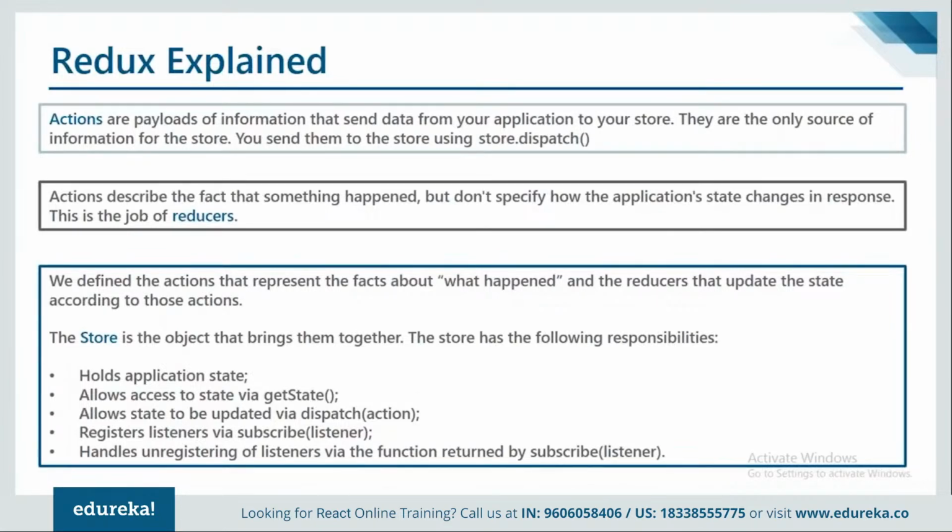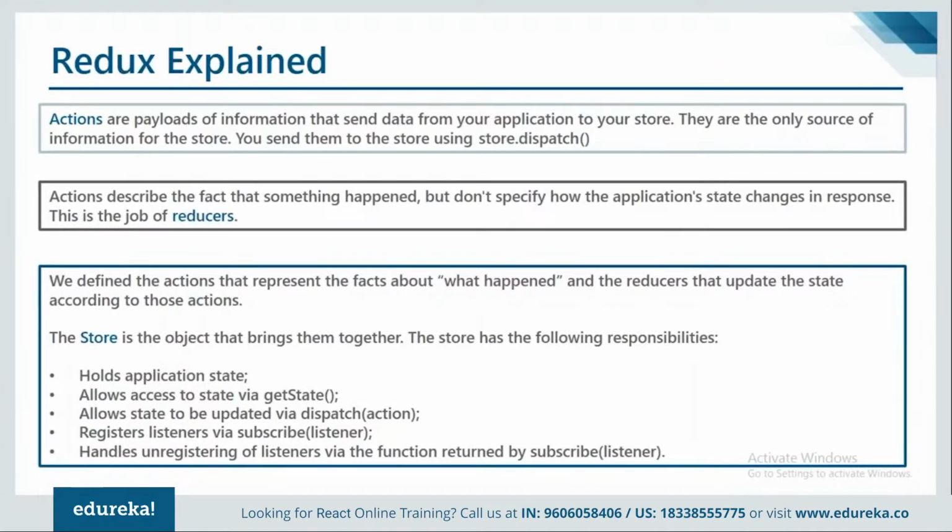So whatever action is based on the user intent is given to the store, and you send them to the store using store.dispatch. Actions are the first point for any React application with Redux, which describe the fact that something has happened, some event has happened, but they don't specify how the application state changes in response.